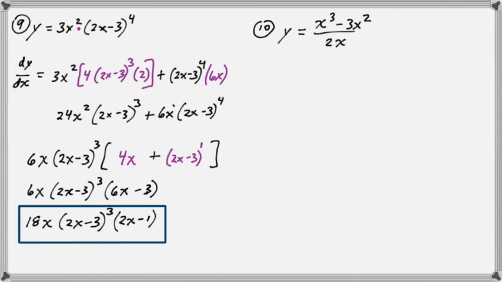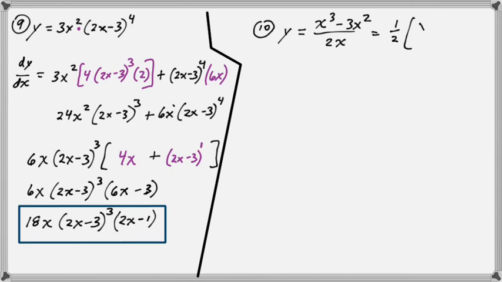That's why I always put simplify as one of my top instructions on every test or quiz I ever give. While on the topic of simplifying, I would always simplify before you do anything. I see this as a 1/2 x cubed minus 3x squared, and they're divided by x. So I kind of see this particular problem as 1/2 times x squared minus 3x.